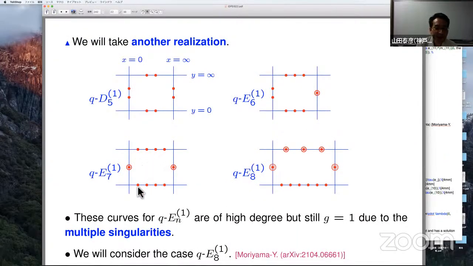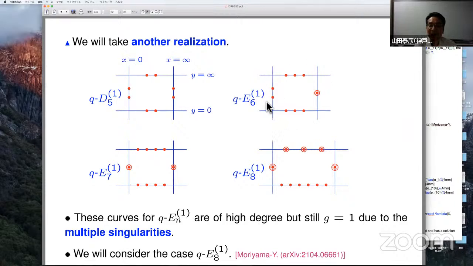For example, the exchange of these 4 points and the exchange of these points correspond to the 4 nodes on the Dynkin diagram, and the exchange of this one and this one correspond to the top node and middle node of the E7 Dynkin diagram. Only these 2 exchanges are non-trivial.